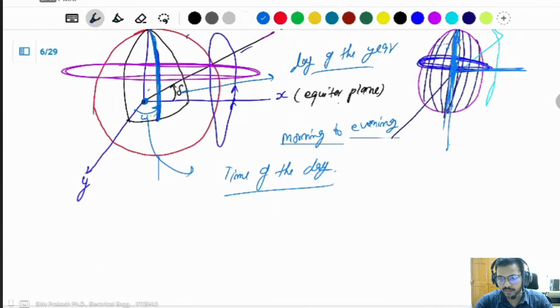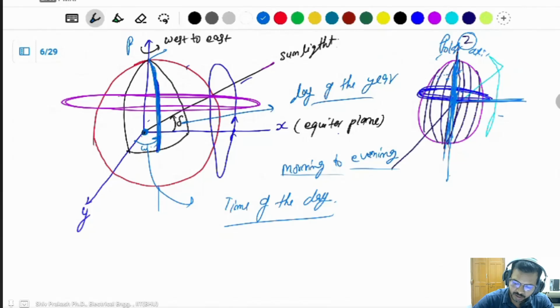In the morning it will be a maximum, maybe 90 degrees, and at sunrise and sunset it may be the same, because the meridian line is the middle line of the earth, whichever way the sun rotates. Suppose the earth is constant and the sun goes from east to west. If morning is here and evening is here, then the meridian line is the middle of this, like a straight line of the earth.